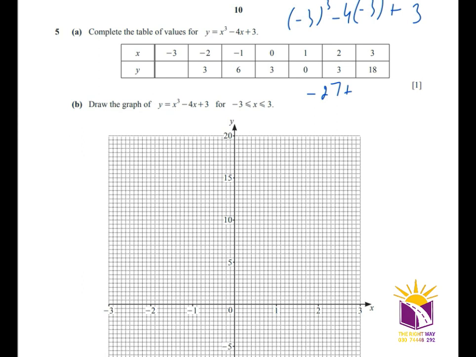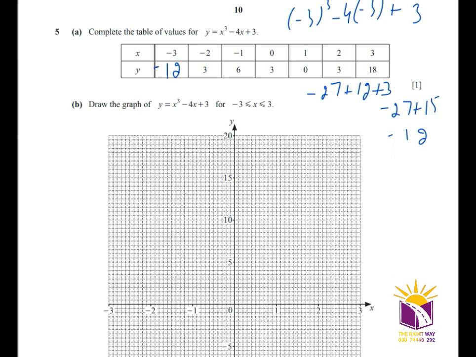Minus minus plus, 4 times 3 is 12, plus 3. So it will be minus 27 plus 15, and it will be equal to 12. Sorry, minus 12, not 12, because minus 27 is the largest value. So your answer will be minus 12.